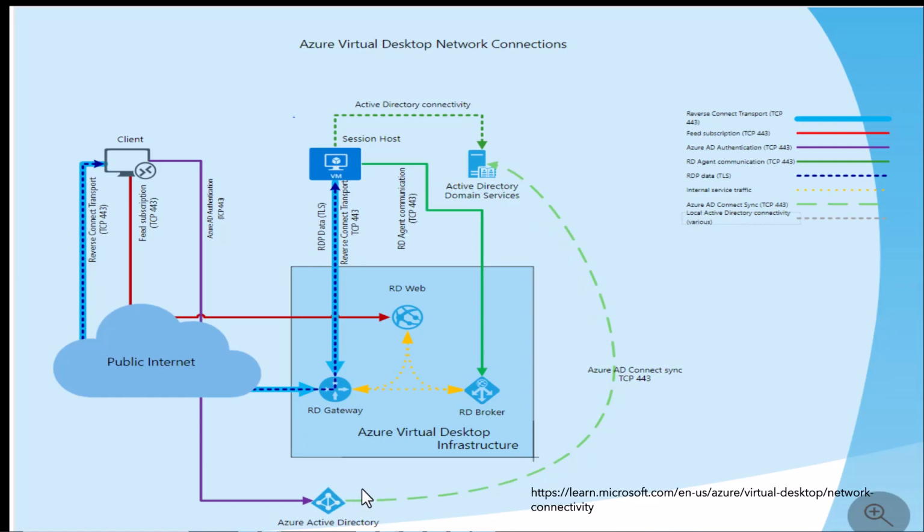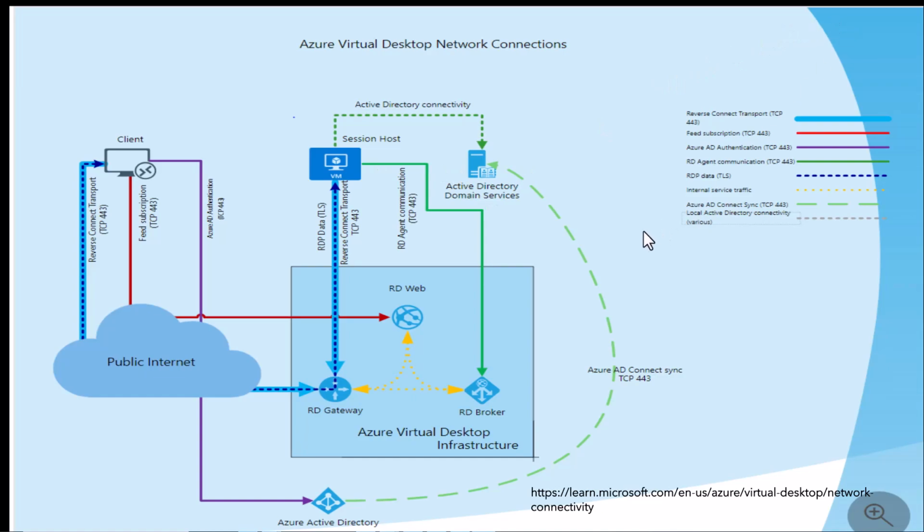I think I have created another video about AD Connect. If you have not watched it, please do so. Whenever a user signs in, it authenticates against the workspace and the AzureAD tenant. The session host will be joined to the Active Directory domain.